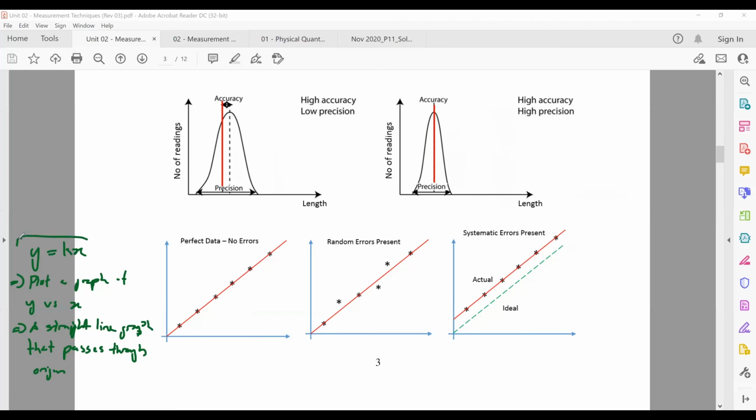If I talk to you about an example relation y equals kx, you plot a graph of y versus x, you should get a straight line graph that passes through the origin.